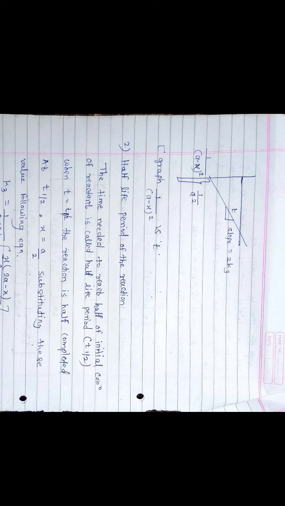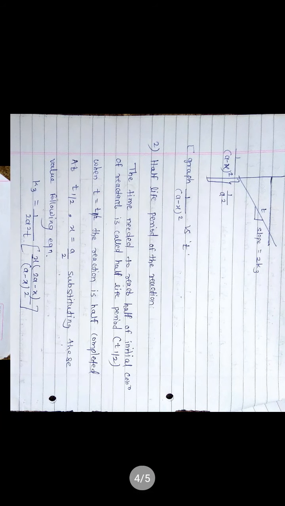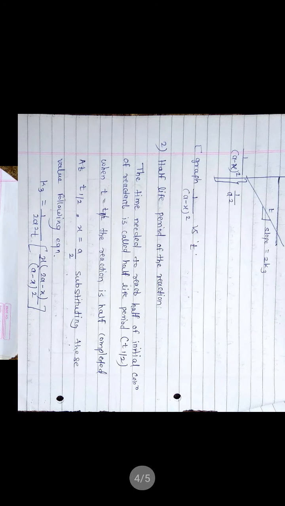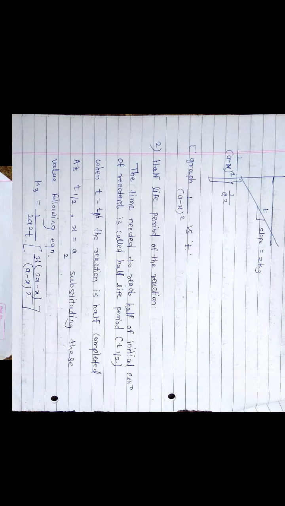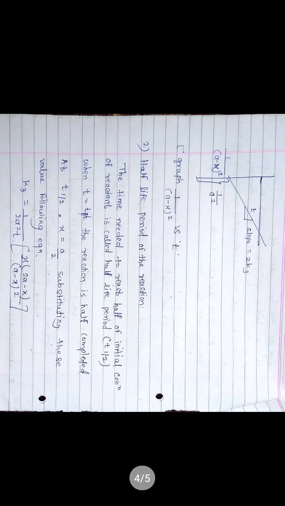Now the second characteristic, the half-life period of the reaction. The time needed to react half of the initial concentration of the reactant is called the half-life period, that is t1/2. When t is equal to t1/2, the reaction is half completed. At t1/2, x is equal to a by 2.